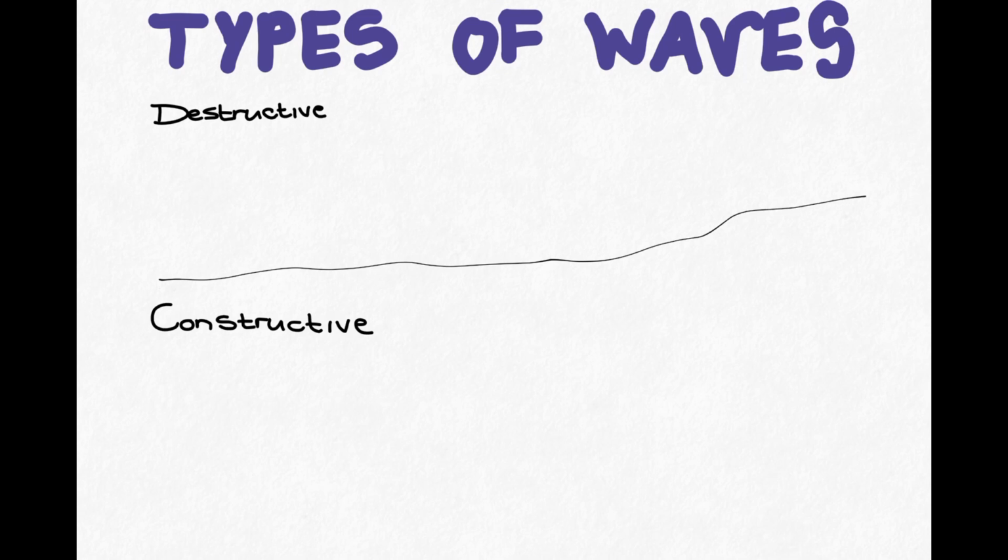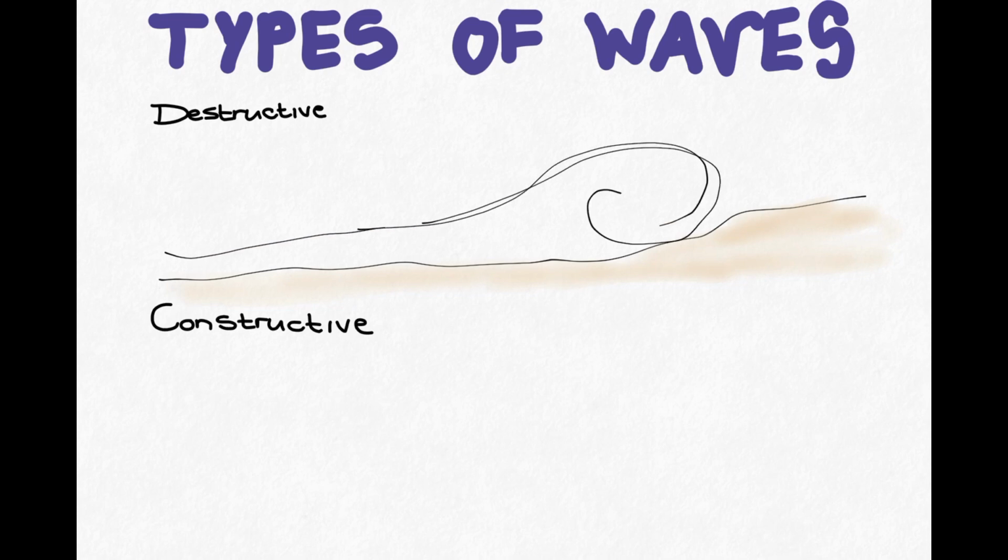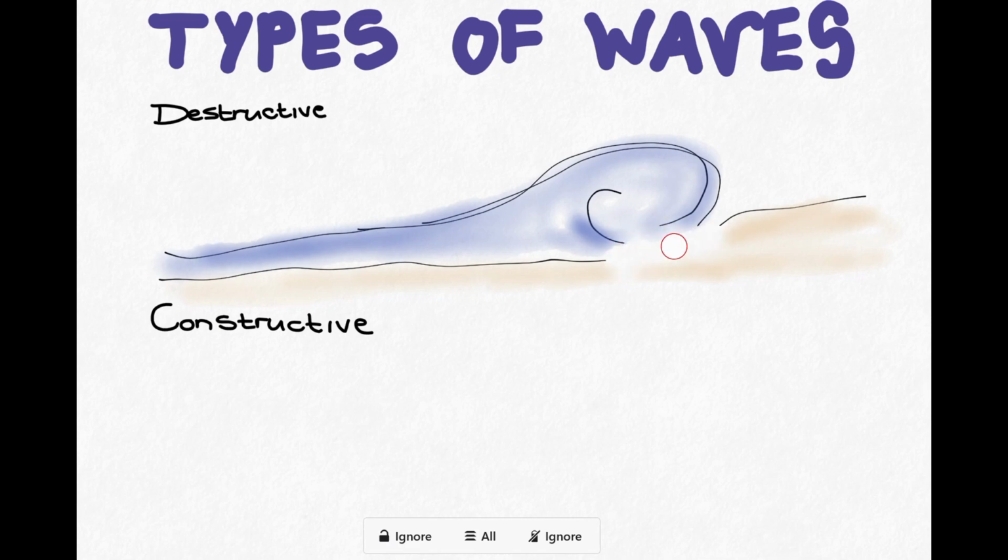Okay, so now we're going to have a look at these two types of waves from a visual perspective. So remember, our destructive wave is a big type of wave that has a steep wave gradient and a very high height. This type of wave will break down or destroy the beach with erosion.